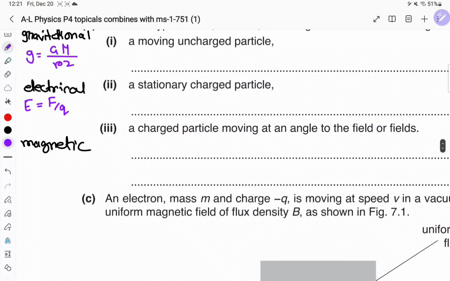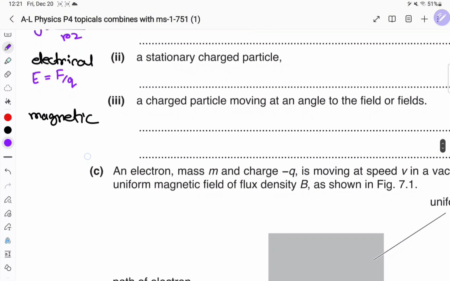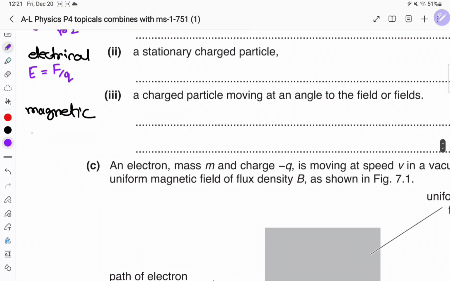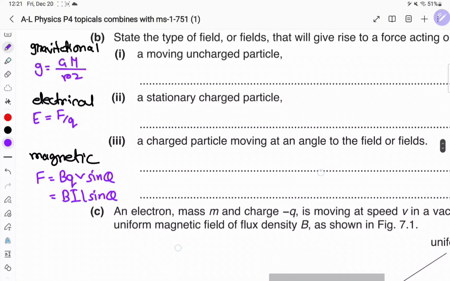The magnetic force depends on BQV sine theta or BIL sine theta. For a wire, it depends on the current. For a particle, it depends on the charge and the average drift velocity.